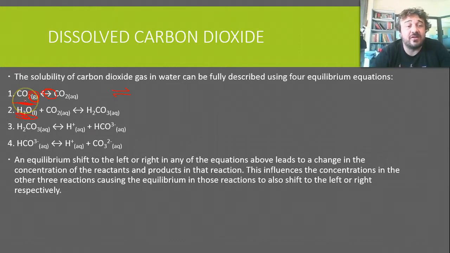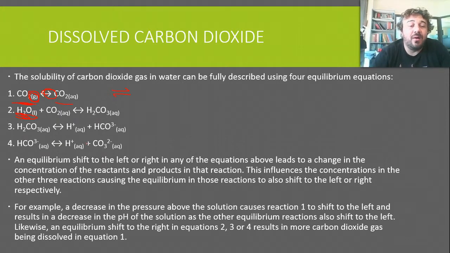So if we increase the concentration of carbon dioxide here, or even here, what that means is, carbon dioxide is a gas, we inject some in, that will then shift, so it wants to go to an equilibrium, which means it then moves to here. So it produces more of that, which then shuffles all these further along.